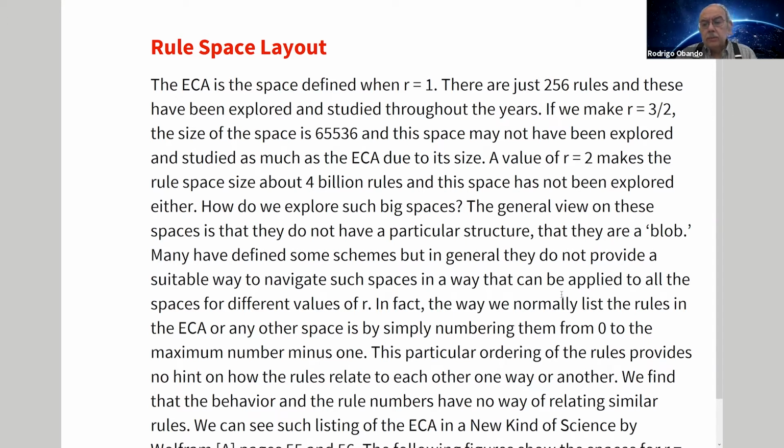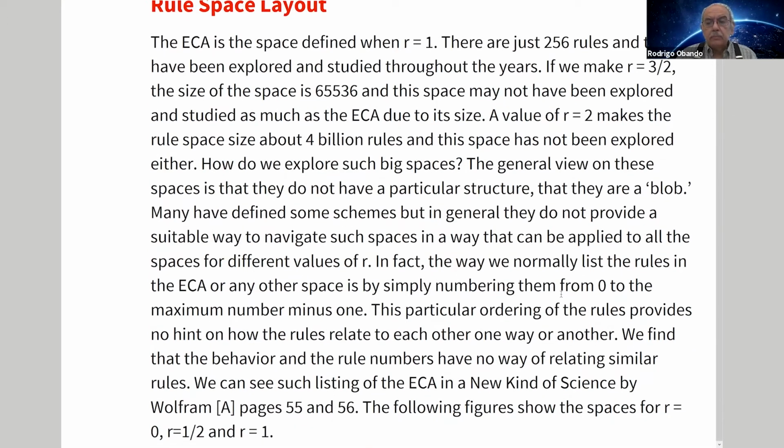But in the end, we simply numbered them, from 0 to the maximum number possible minus 1. So this particular ordering gives us no hint of any kind of structure, whether they are related or not.